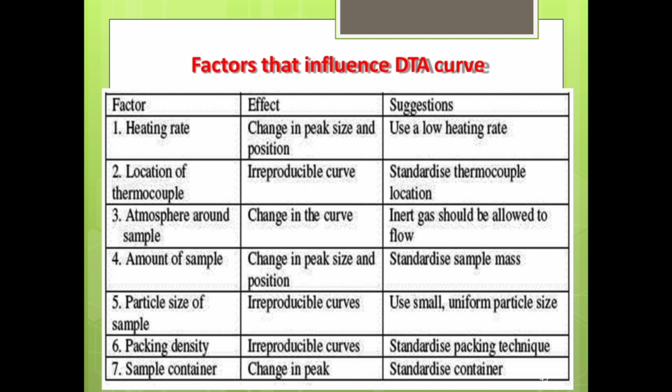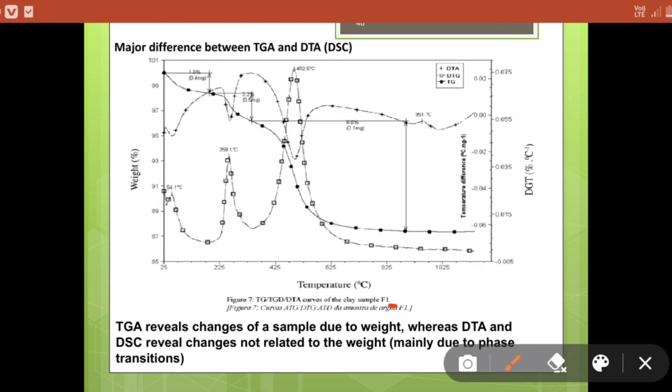Particle size of the sample: irreproducible curve. Particle density: irreproducible curve. Sample container: change in the peak. The DTA curve is also relevant to the sample weight, changing due to the sample weight, where here it is because of the phase transition.